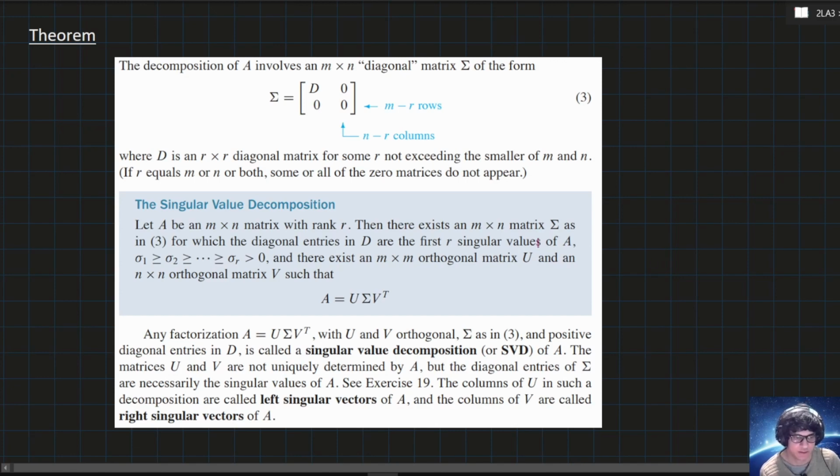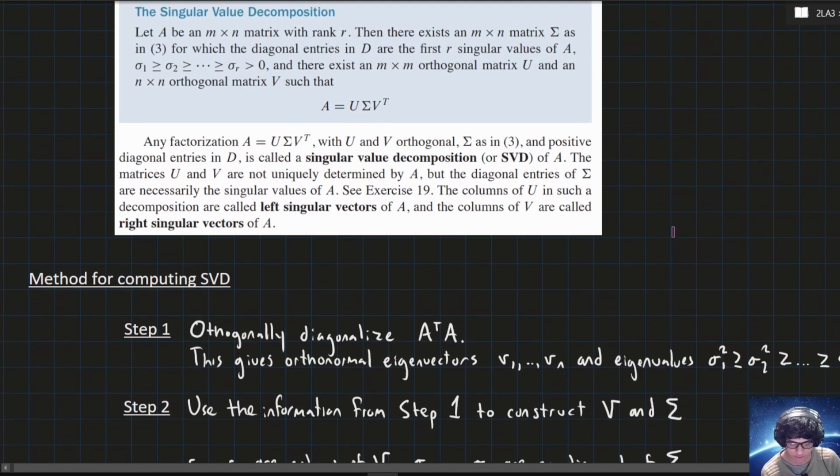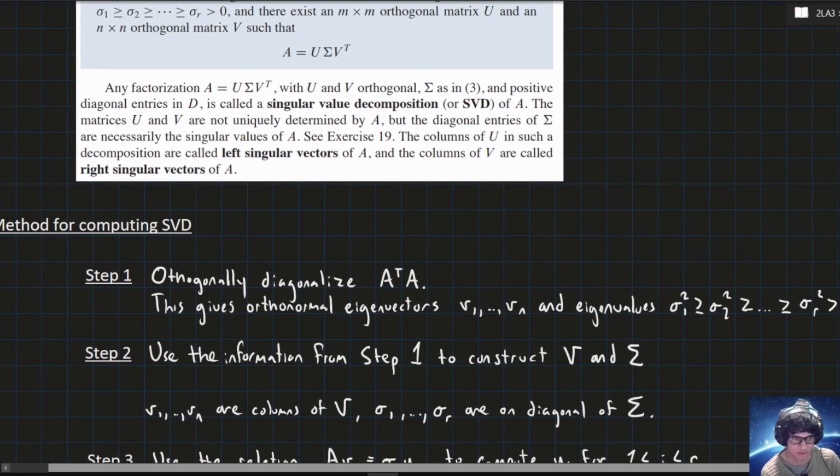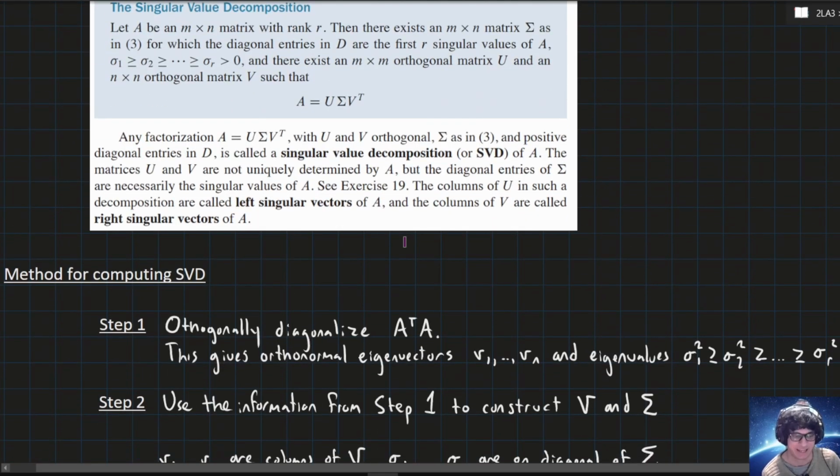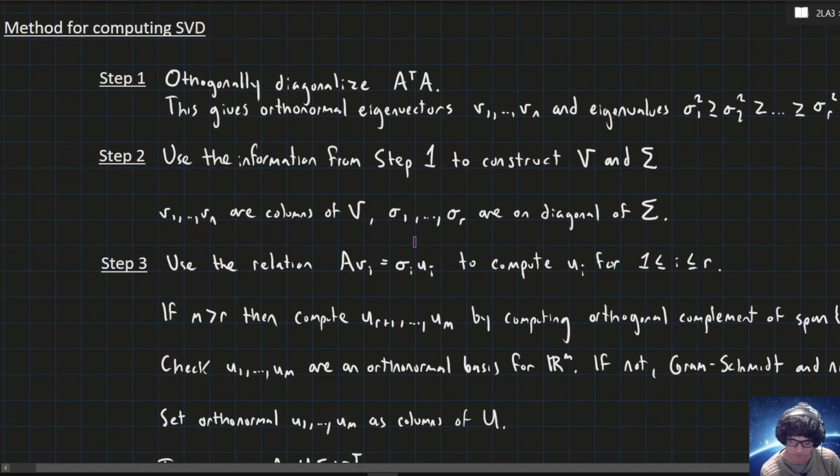Here is an algorithm to actually do it for a given A. We want to investigate the matrix A transpose A. The first step is to orthogonally diagonalize A transpose A. When you do that, you'll get orthonormal eigenvectors v1 through vn, and these are its eigenvalues, which we can order like this.